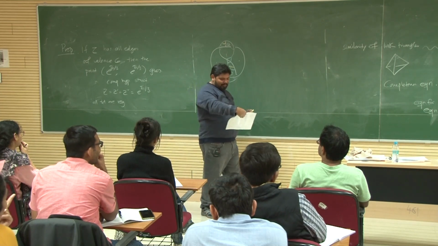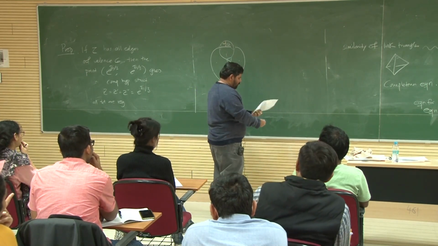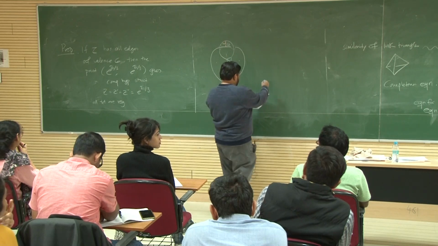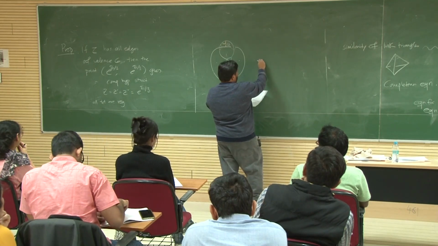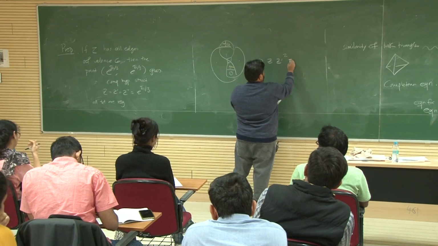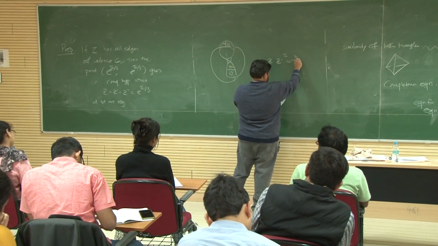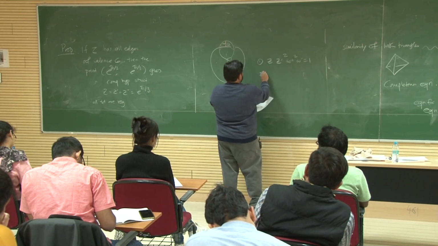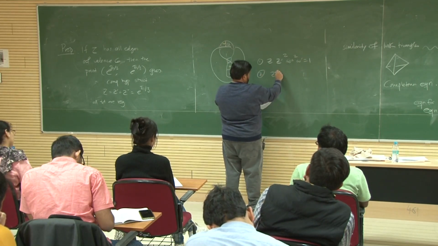And so, here is a 6 valent triangulation, and what we get is we can write down the edge gluing equations. You have to do some more work, and the edge gluing looks something like this, and for the second edge it looks like this.